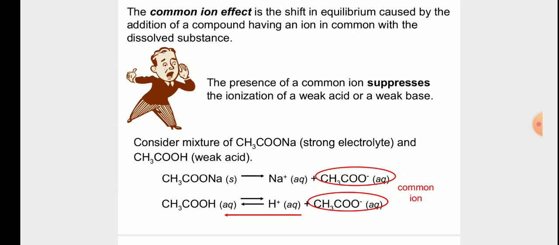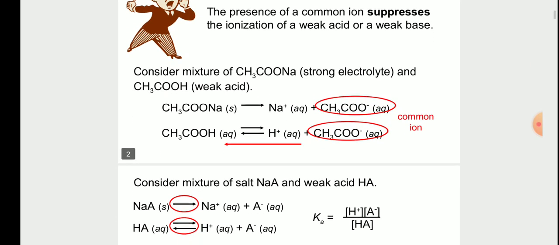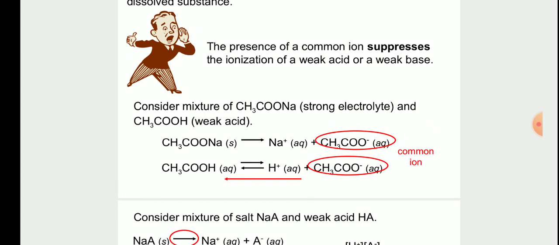And this is basically an application of the Le Chatelier principle; though it is not chemically strictly applicable, we can say it is a concept of the Le Chatelier principle. If the concentration of the product on the right hand side is high, then the dissociation of the reactant will be low. A very common example of the common ion effect is the mixture of sodium acetate and acetic acid.